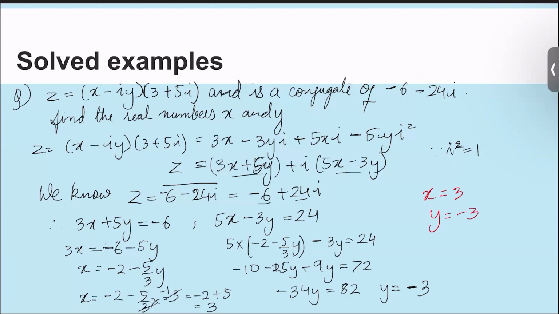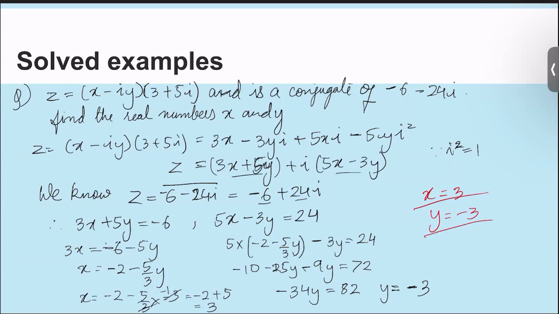Okay, so this is the answer that we get. So we have seen a number of examples where we have used different kinds of operations. We have simplified. We also used the conjugate over here. It's easy to solve different kinds of problems that are given on complex numbers if the basics are very well studied and very well understood.